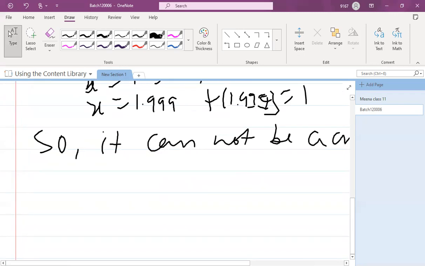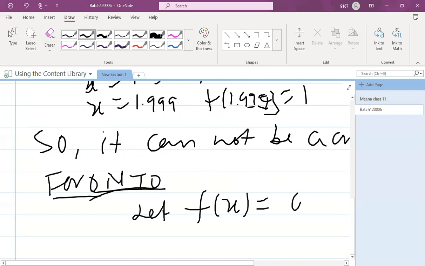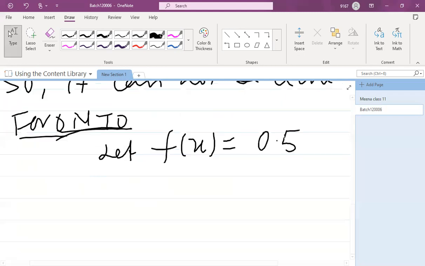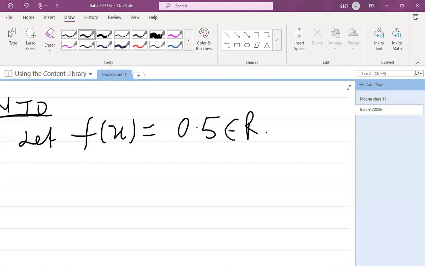Now for onto, we consider let f(x) equals, say, 0.5. Why 0.5? Because 0.5 belongs to the real numbers, and the function is defined for real numbers, it belongs to R. But the greatest integer function always gives integer values.